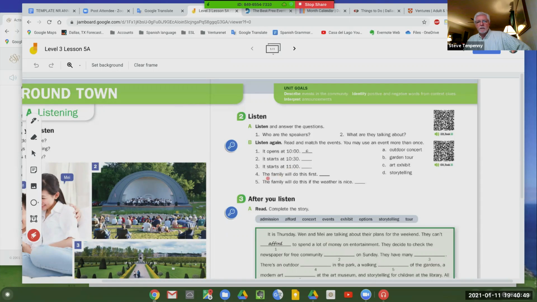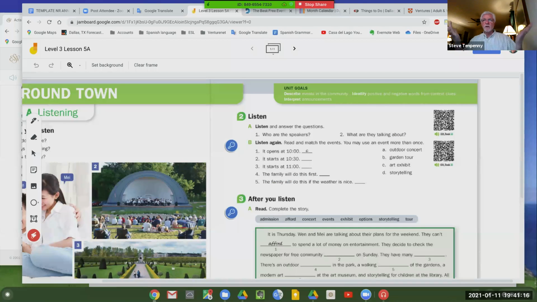And then it says the family will do this first. Okay, and that's going to be one of these. And the family will do this if the weather is nice. Okay, so when you say the weather is nice, that means there's no rain, there's no snow, it's not stormy.